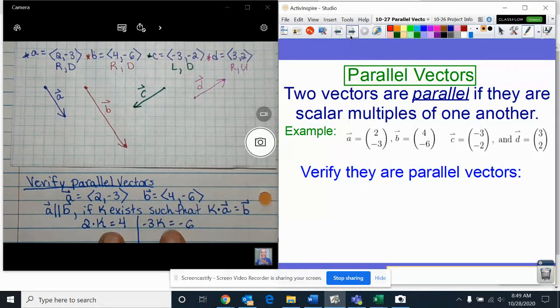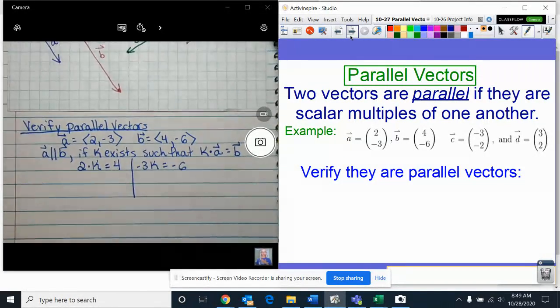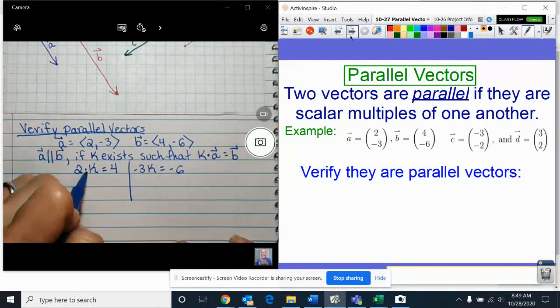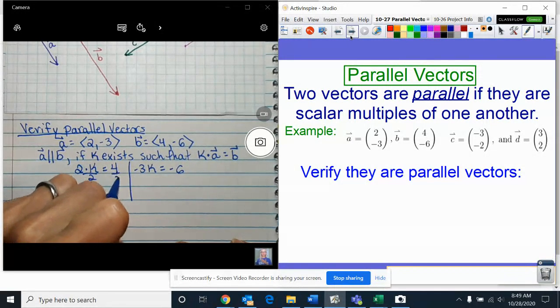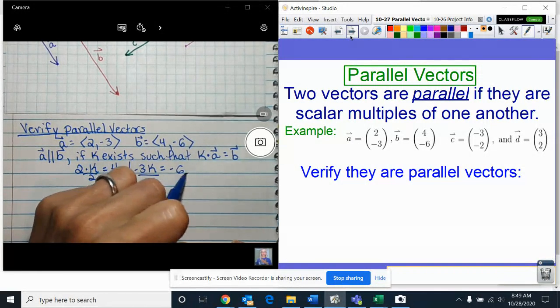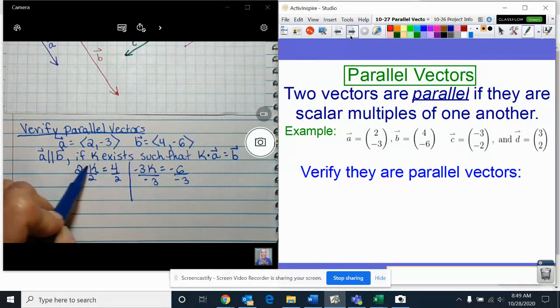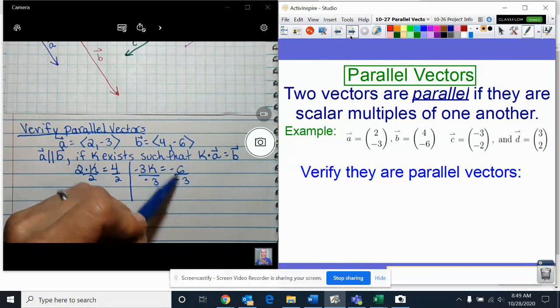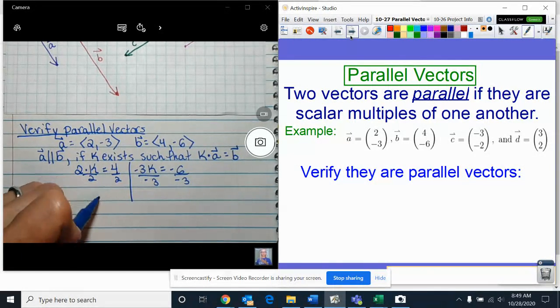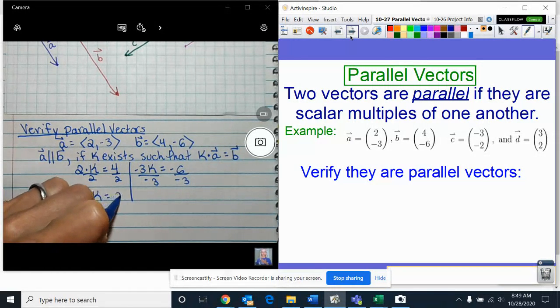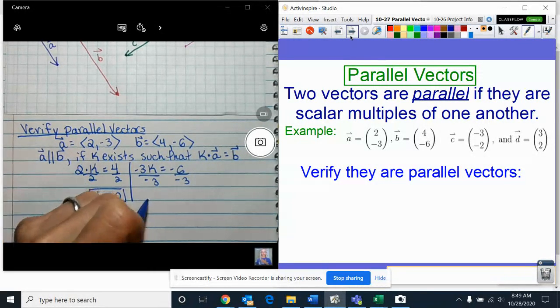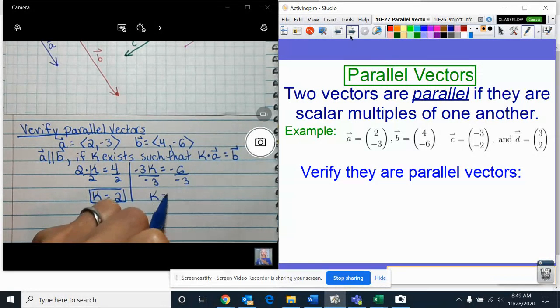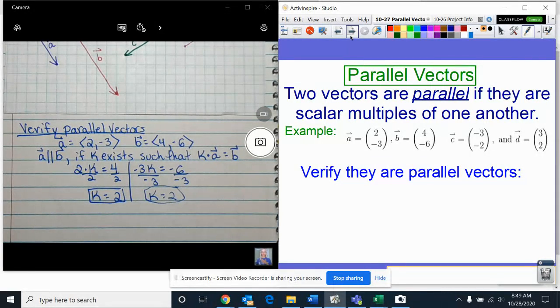Now we do one step to find the K, and what we're going to see, divided by 2, divide by 2, over here we divide by -3, divide by -3. Although the operation that we're undoing is different, we still get 2 for that constant, that scalar. And over here, -6 divided by -3 is 2. So this proves that they are parallel.